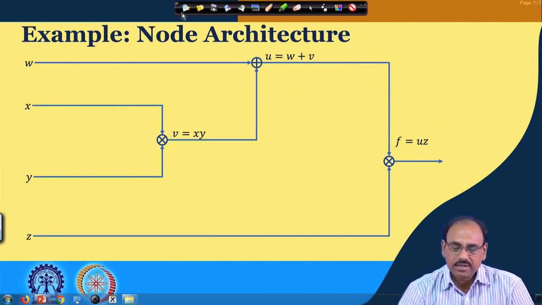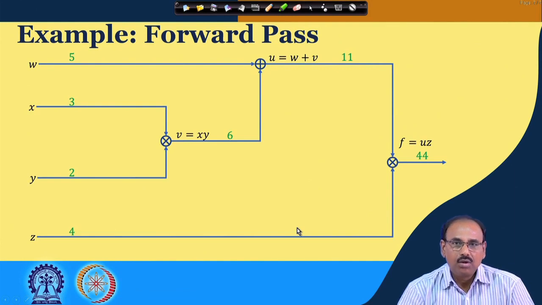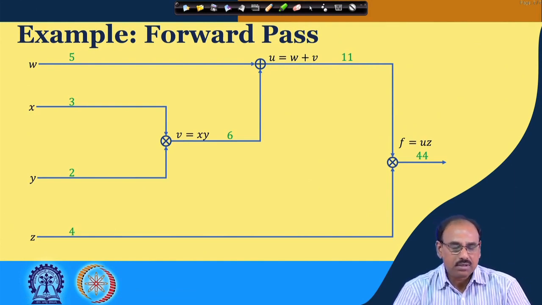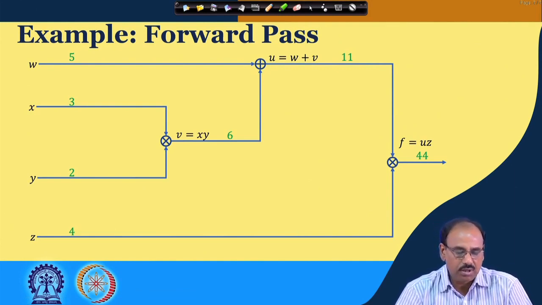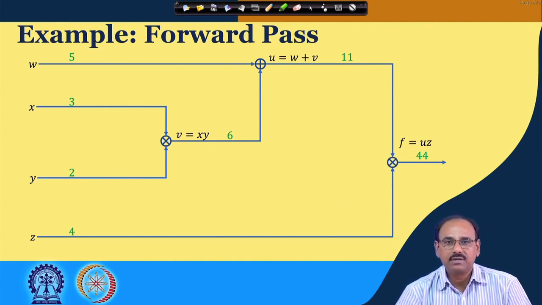So, now let us see how this forward pass actually works. To see how the forward pass works, let us assign values to w, x, y and z. So, we assume w has a value 5, x has a value 3, y has a value 2 and z has a value 4. Accordingly, you will have v, which is equal to x into y, that gets a value 6.